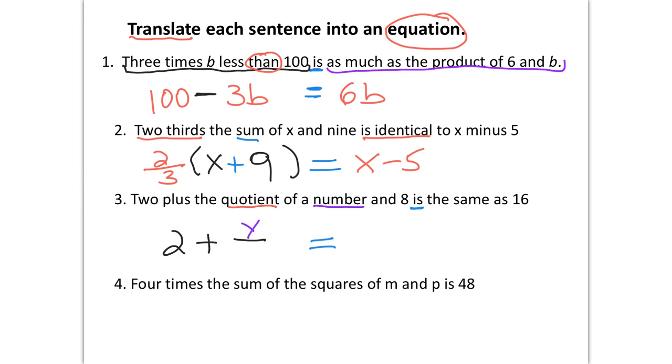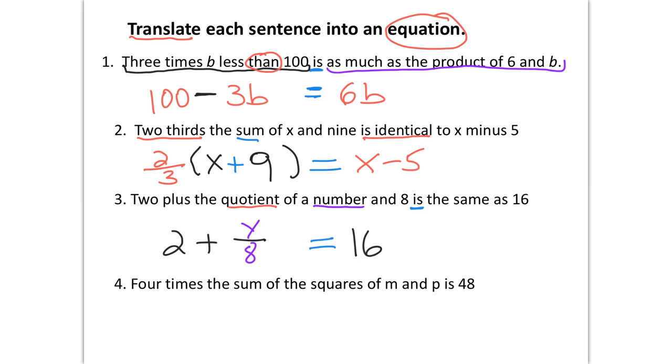So the quotient of a number and 8. So I have the 8 on the bottom. So there's the 2 plus y over 8. The quotient of y and 8, a number and 8, is the same as 16. So all of that is going to equal 16. So my equation is 2 plus y over 8 equals 16.